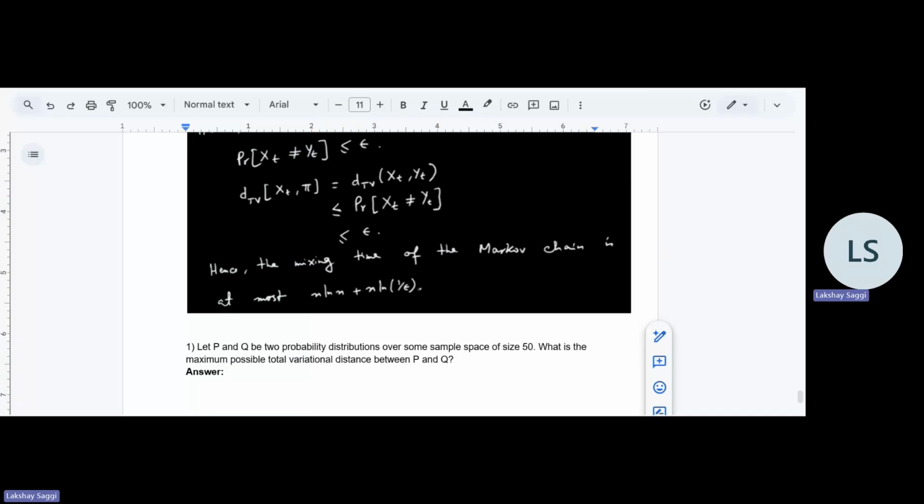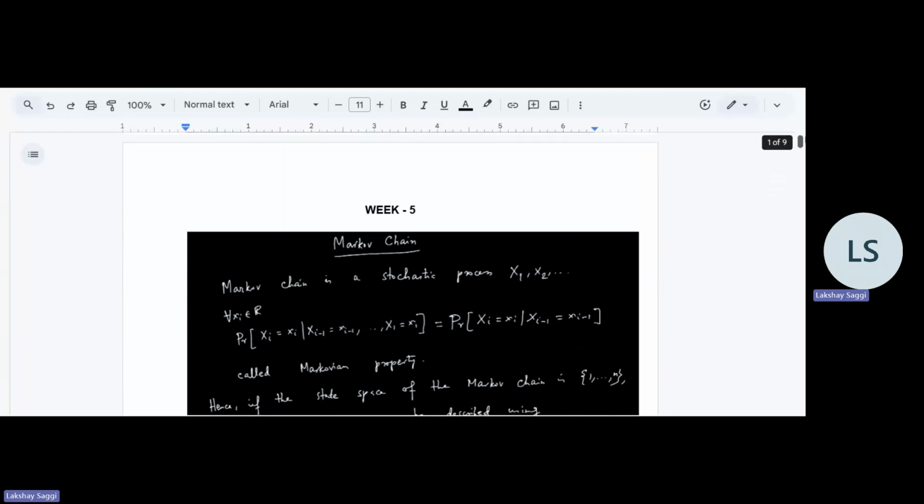The first question says: let P and Q be two probability distributions over some sample space of size 50. Then what is the maximum possible total variation distance between P and Q? Recall what total variation distance is. As we discussed, there were two alternate ways of seeing it.